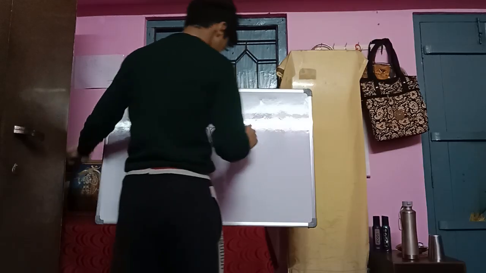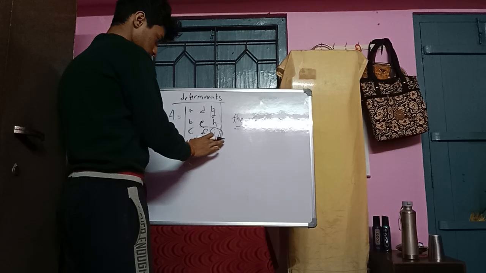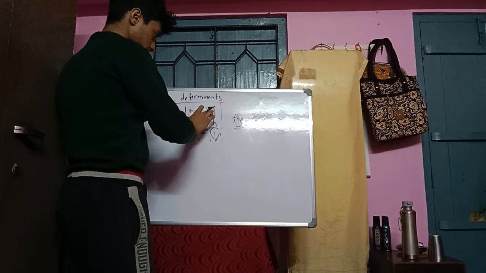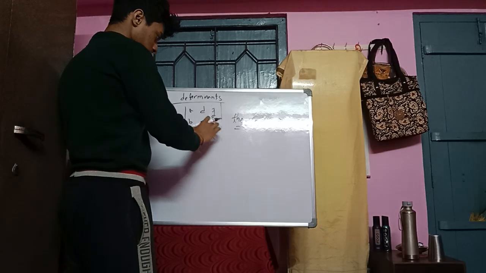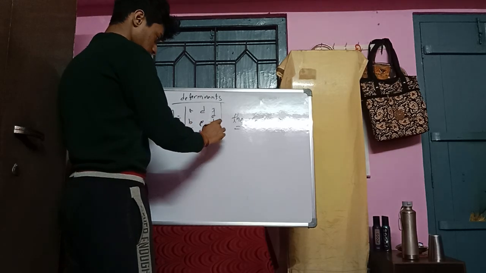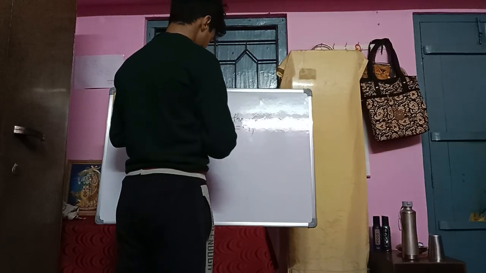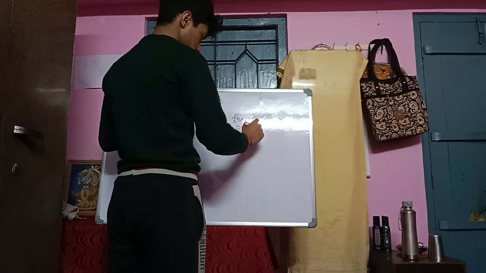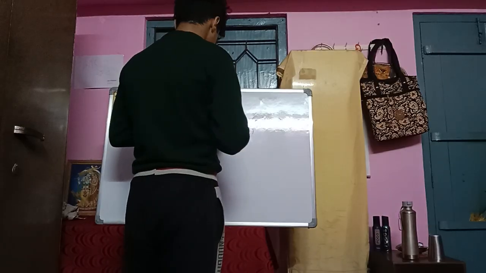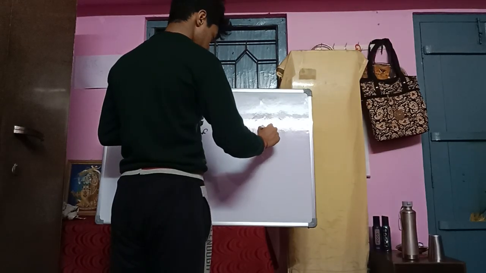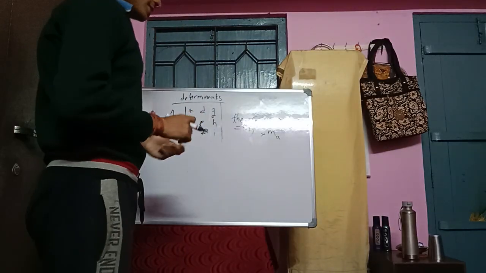Cofactor of A would be -1 to the power i plus j, times M suffix a, the minor. So what does this expression even mean?